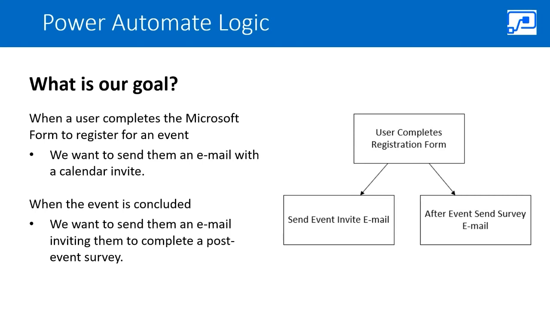In our scenario, the triggering event for the flow will be a user completing a Microsoft form. And after the flow is triggered, we will have 2 actions. Both actions will be to send an email. However, we want to send 2 different emails at 2 different times.